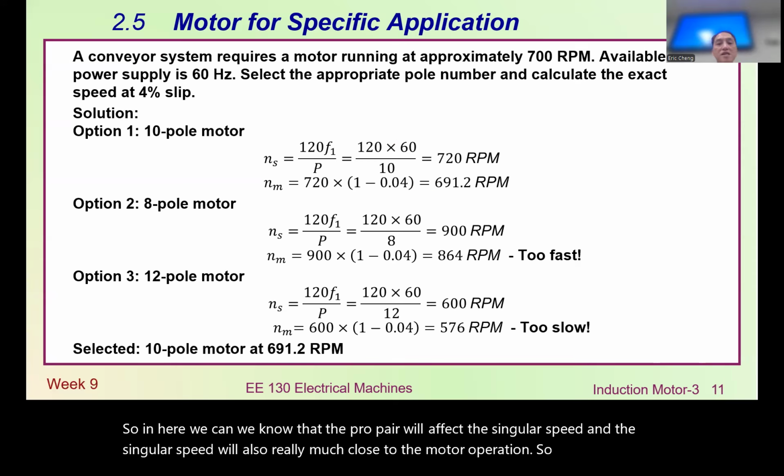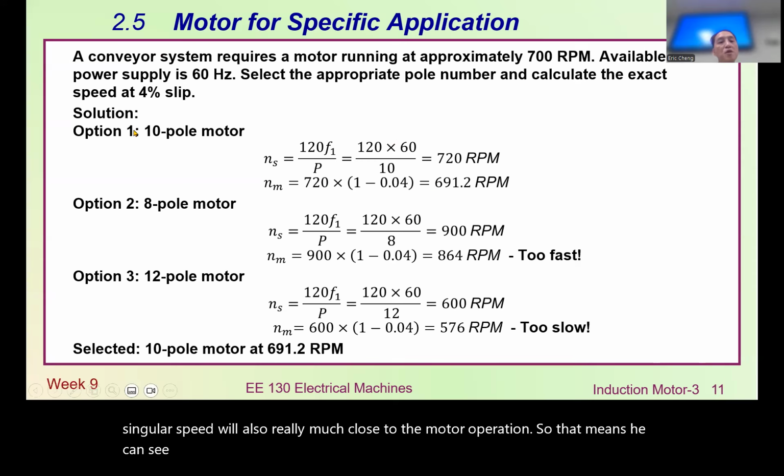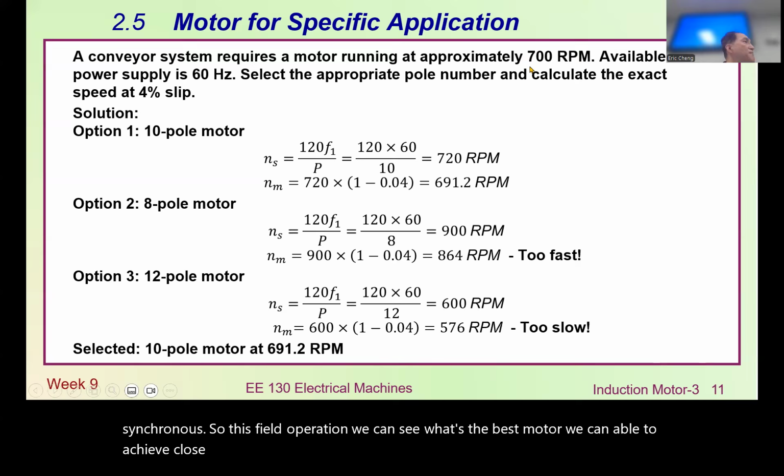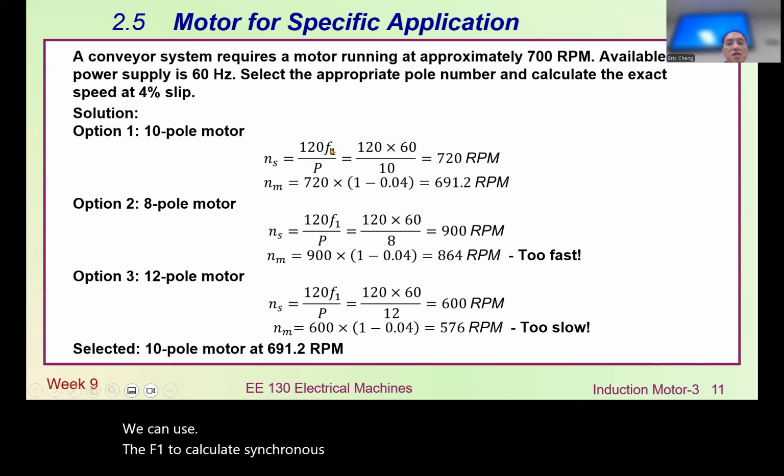So we know 4% slip means a 4% deviation from the synchronous speed. We can see what's the best motor to achieve close to 700 RPM. For each case, we use the formula to calculate synchronous speed. 120 times 60 divided by 10 poles, we get 720.